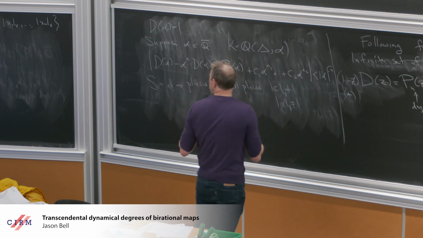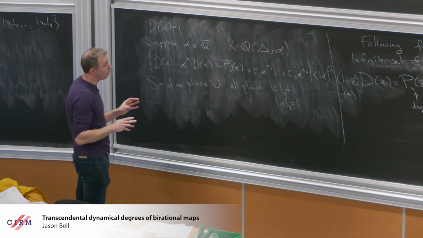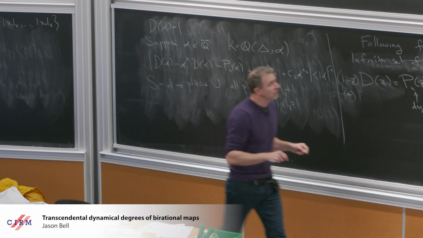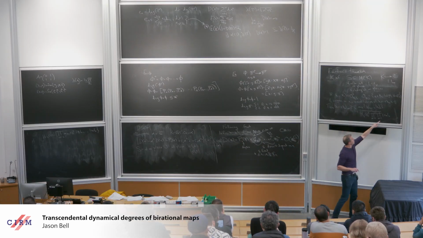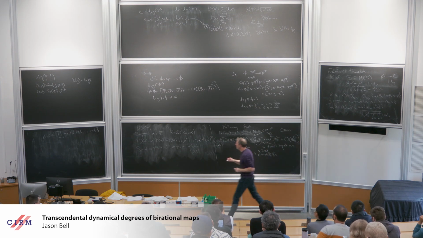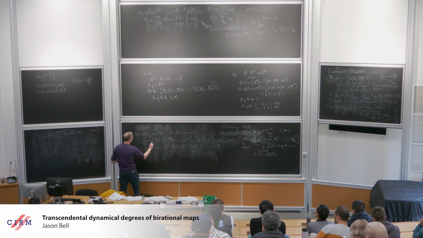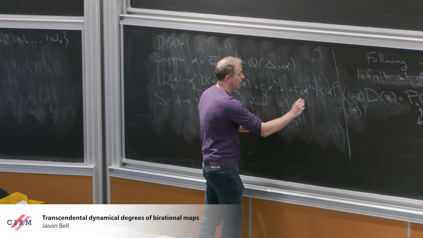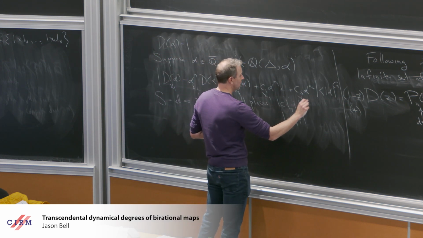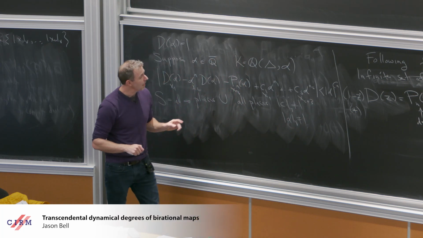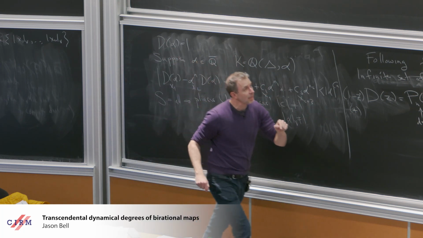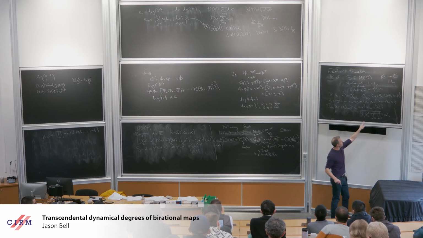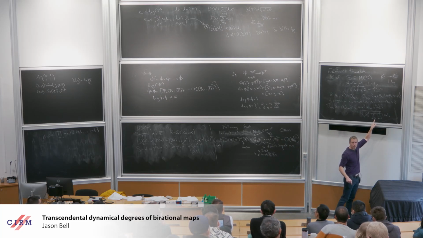Now, I'll say very quickly, because I don't have much time, what the point of doing this is. Notice that when I look at this contribution, it's not going to give very much. If I take this to be x1, x2, x3, x4, and so on, then this product is just going to give me 1 because of the product formula. So this is just going to contribute 1.